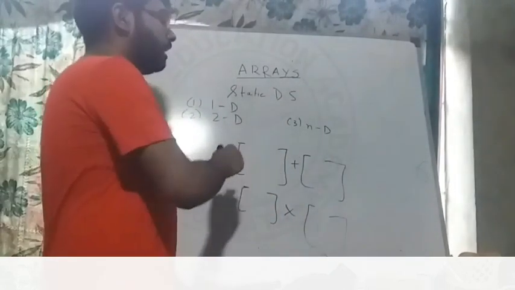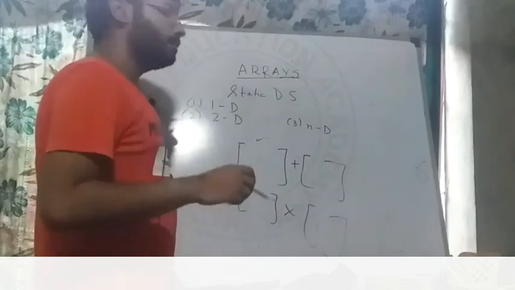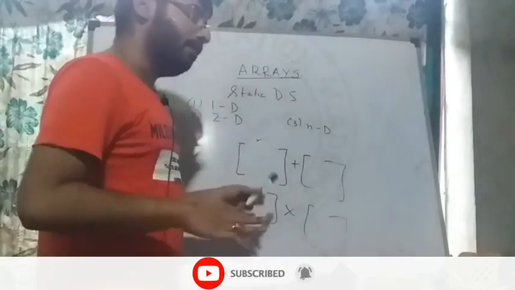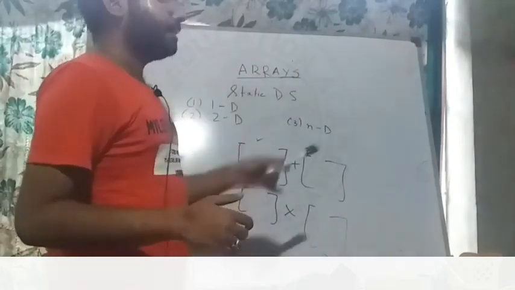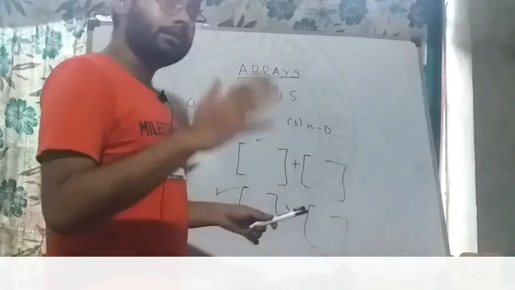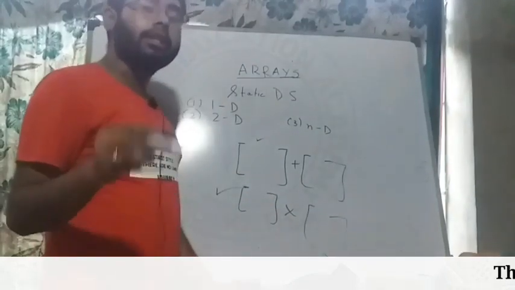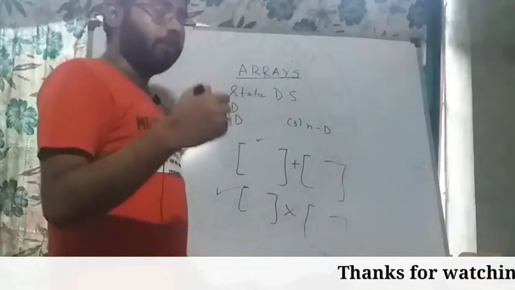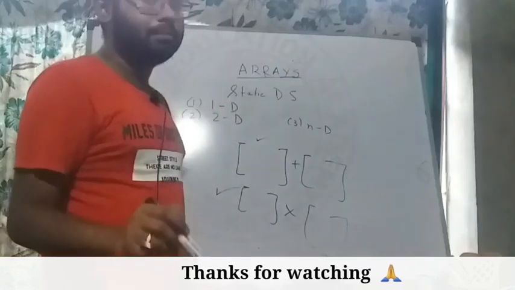Another check: whenever you do a program on matrix addition, subtraction or multiplication, you must give an if-else condition that checks whether the row and column numbers are equal in case of addition and subtraction, and whether the column of the first matrix matches with the row of the second matrix in case of multiplication. If these conditions are satisfied, then only the operation is possible, otherwise it is not.